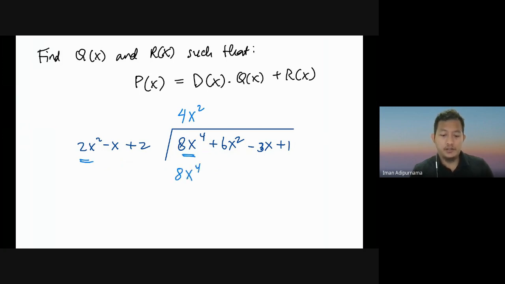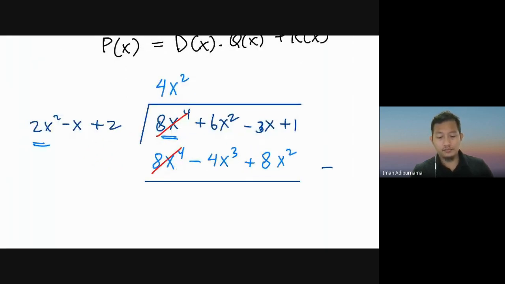And we multiply the rest of it: minus 4x cubed, and then plus 8x squared. We subtract this, and cancel this.